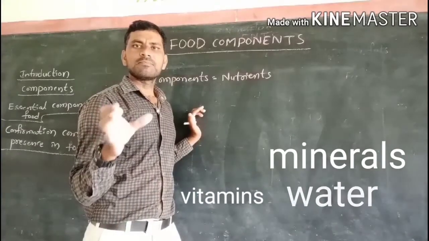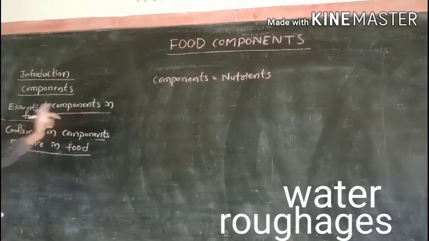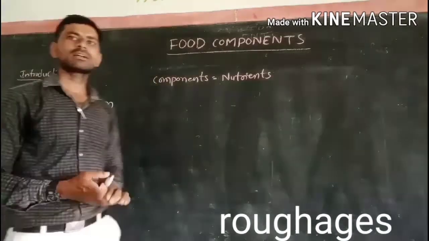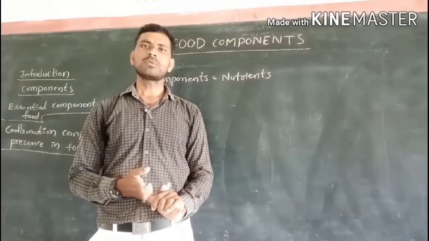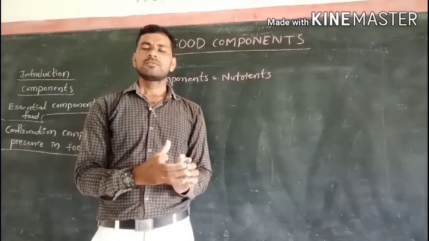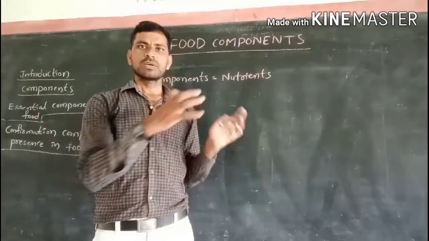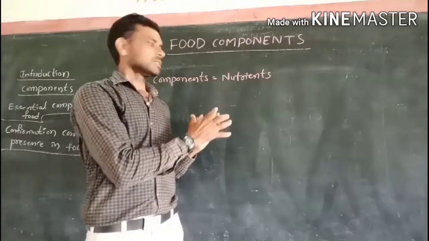These are the main components in the food. These 7 components are essential components for us. Without these components, if you are eating food, we get sick, we get some problems. So that's why we are maintaining 7 components.